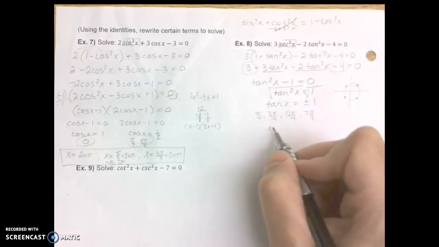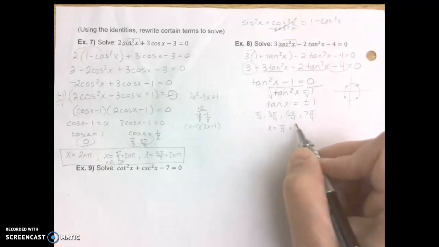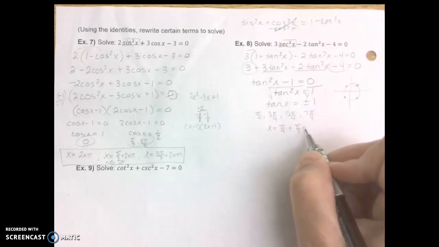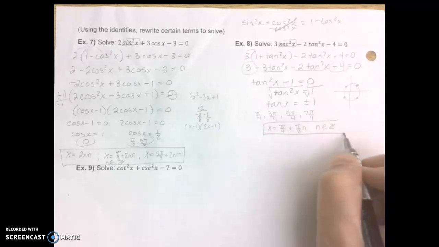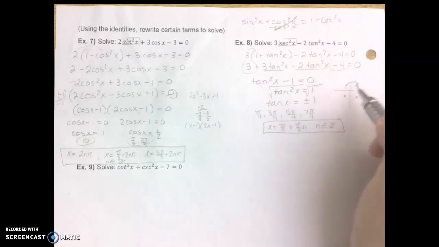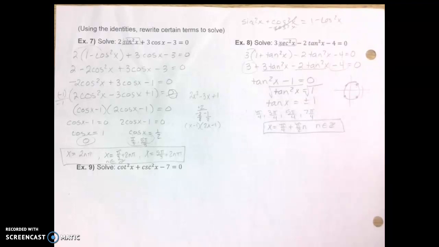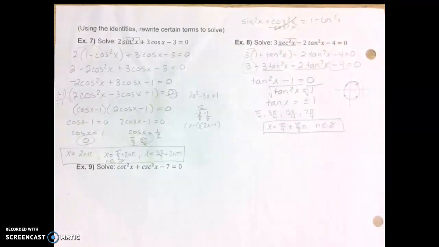And I can write that equation as x equals pi over 4 plus pi over 2 times n, where n is an element of the integers, since all of those are 90 degrees apart, or pi over 2. So that one actually didn't have any factoring, but I did have to go through and replace the secant squared so that I had like terms.